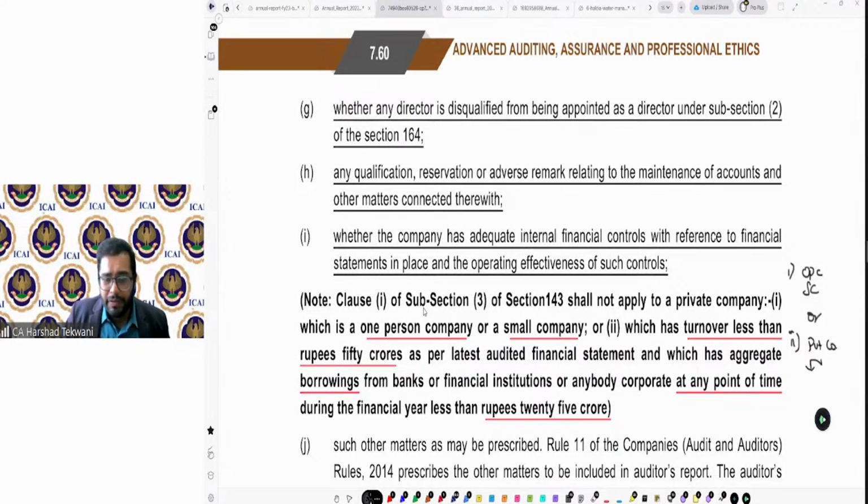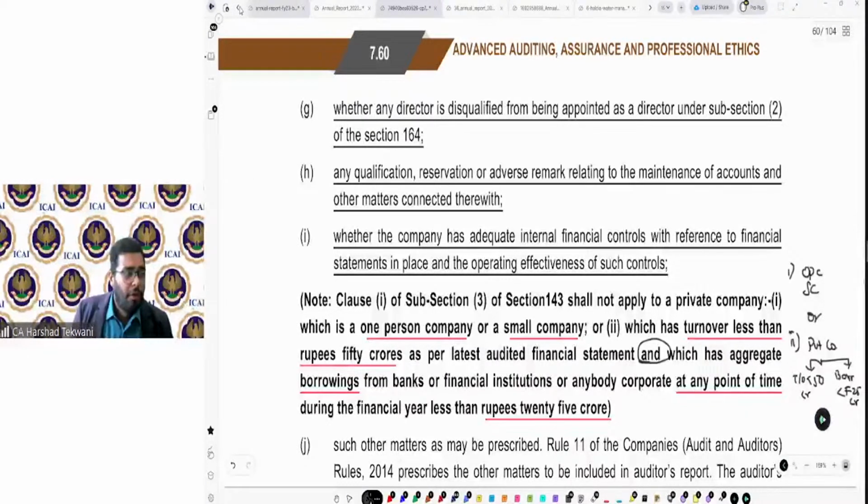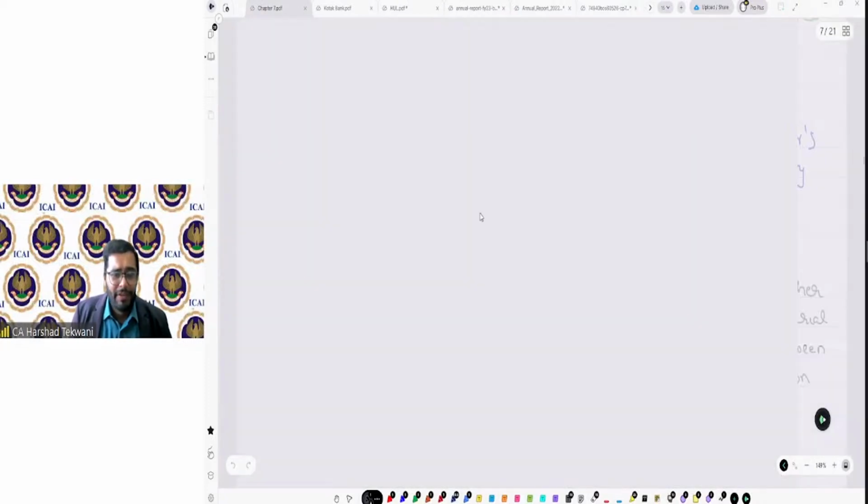There should be two conditions: turnover less than 50 crores, and borrowings less than 25 crore. If these two conditions are satisfied, then only, because it says 'and' in between, we will say okay, the exemption is there. So let me show you one example. Let us discuss one example with this part.